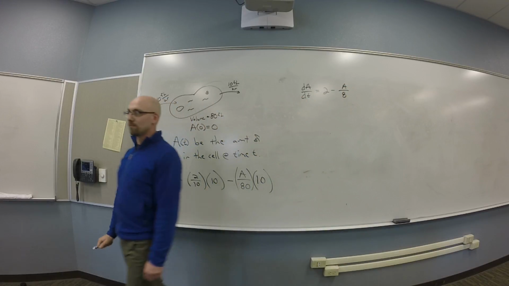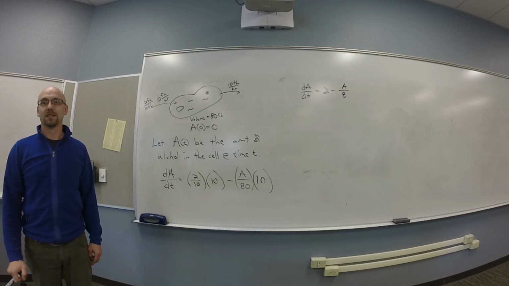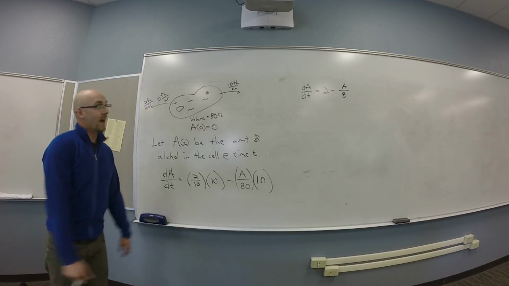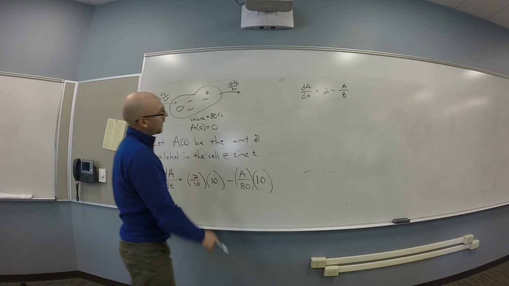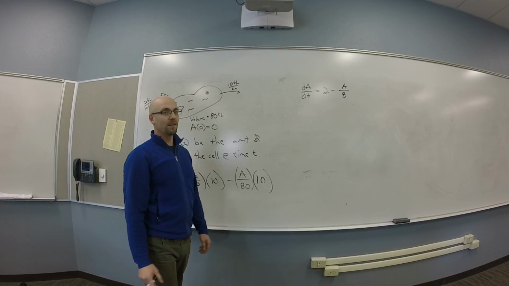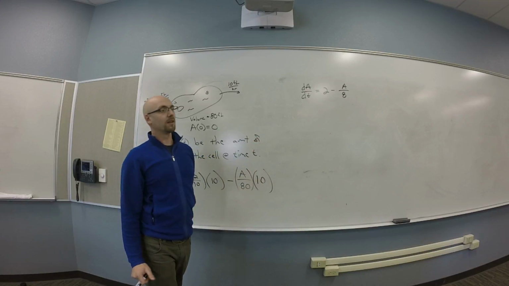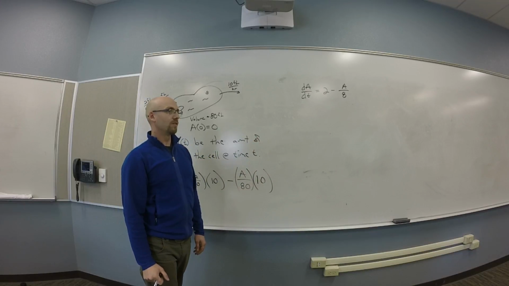And then there's a whole mess of ways to try to solve this. T's on one side, A's on the other. Yeah, you could add A over 8 to the other side, right? And then apply the formula. What are you solving there?